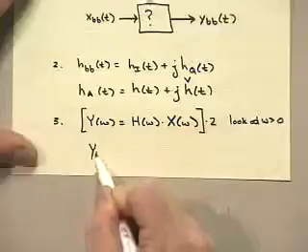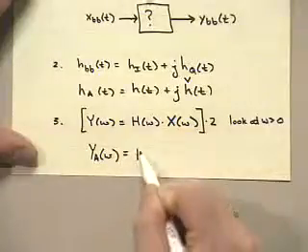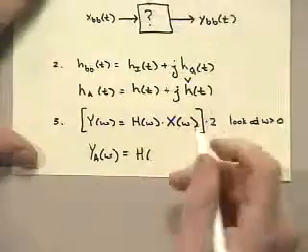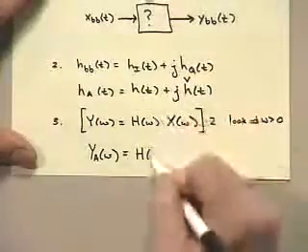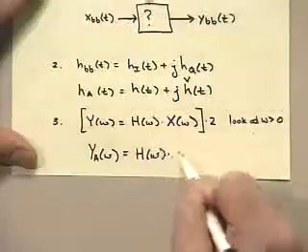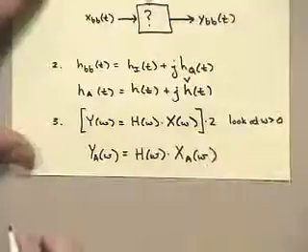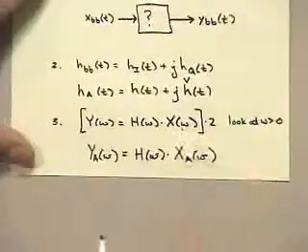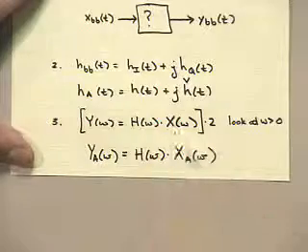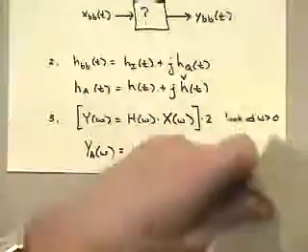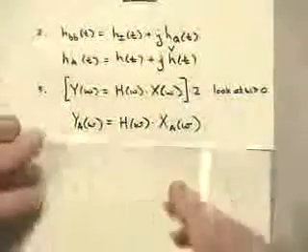And if I do that, then I could simply write, because I have 2 over here, at least for positive frequencies, that Y_a of omega is equal to H of omega times X_a of omega, right? Because I've just recognized that for positive frequencies that 2 times the Fourier transform is the analytic equivalent.